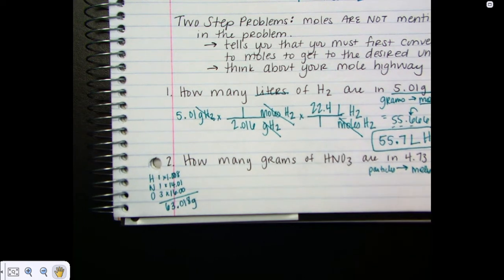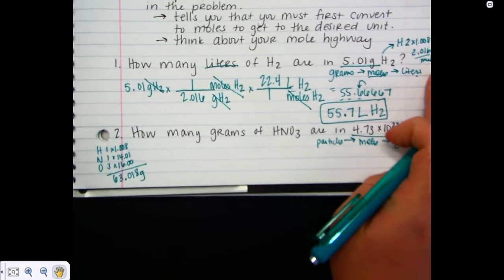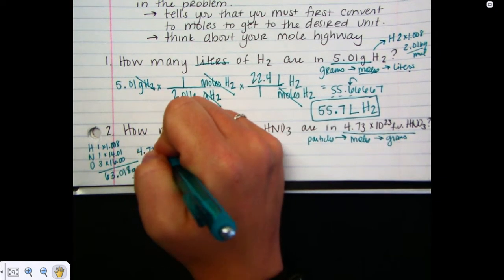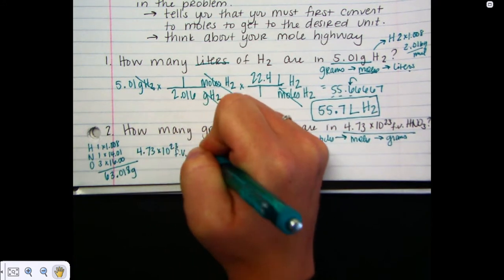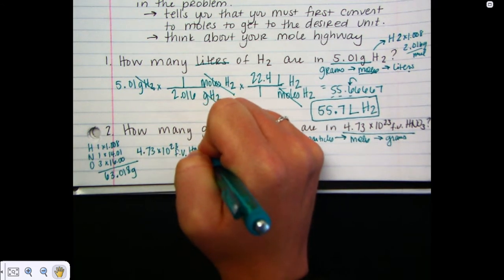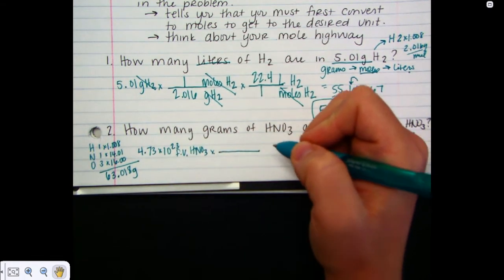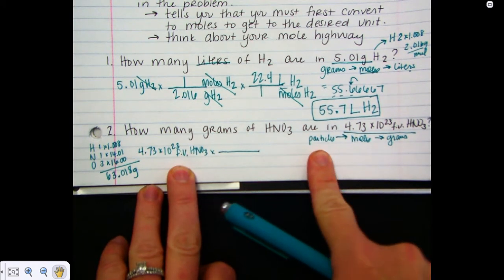All right, so what am I starting with? I'm starting with my formula units. So let's start there. 4.73 times 10 to the 23rd formula units HNO3 times. I need to get rid of my formula units, my particles, and go to moles.